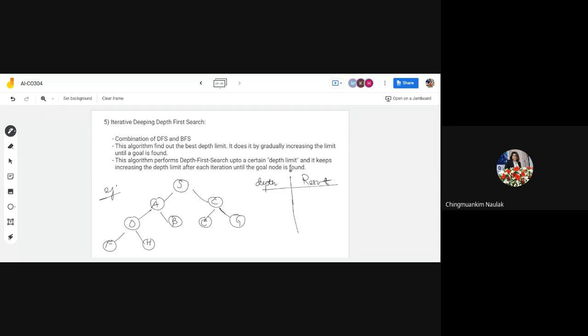So how will you do this? First, this is level 0, level 1, and level 2. First we go to level 0, and you have node S.